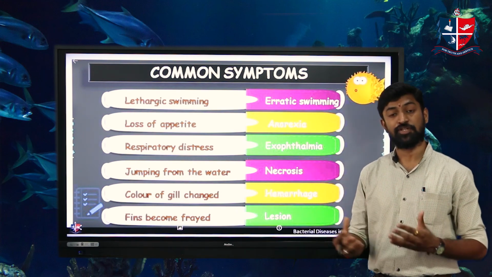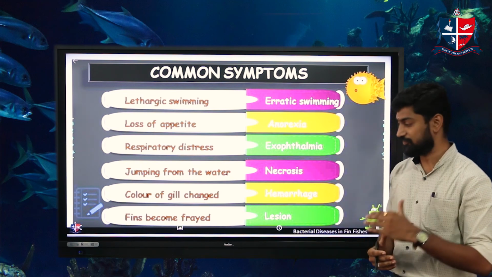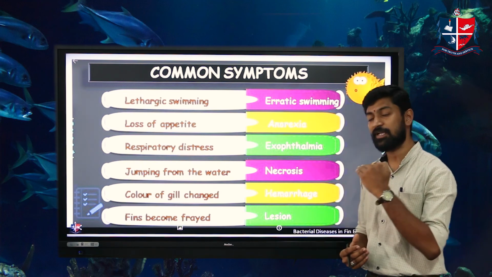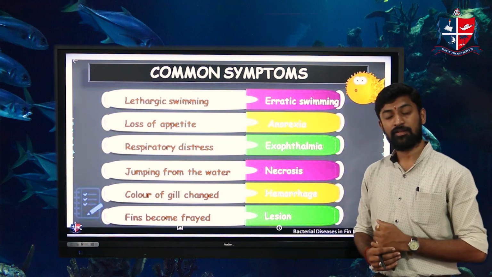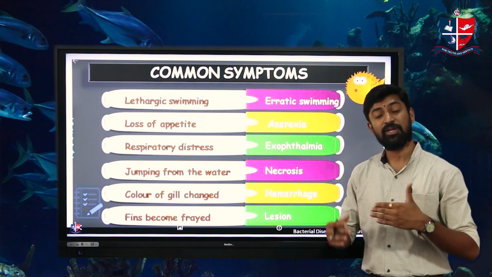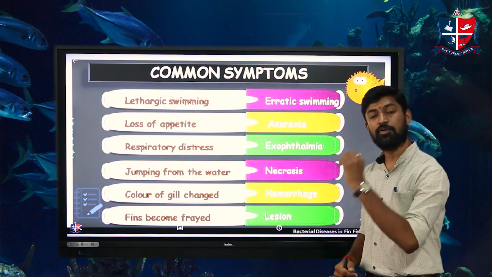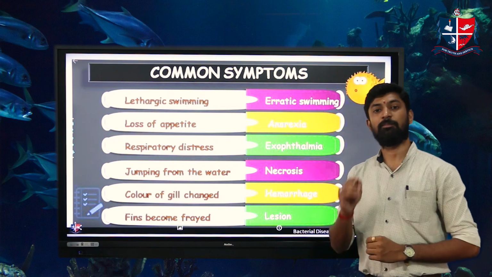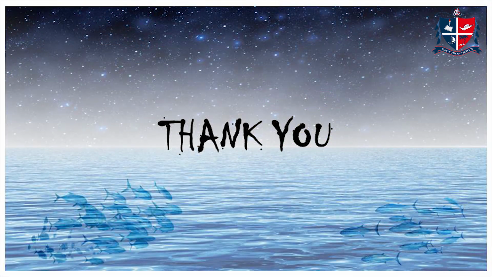And hemorrhage, that is bleeding in internal and external organs. Then fins become frayed, that is lesion, damage in the fin, damage in the body surface. These are all the common symptoms of bacterial diseases in fin fishes. Okay, thank you.